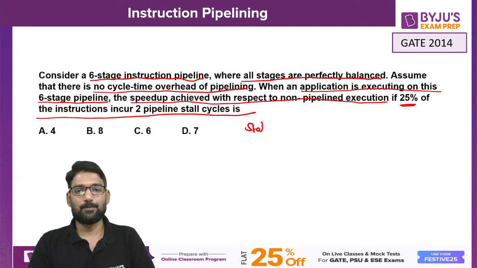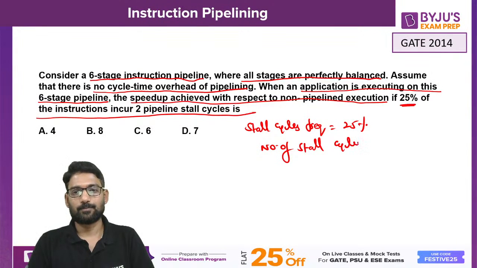So here we have the stall frequency, that is 25%, and the number of stall cycles is 2.